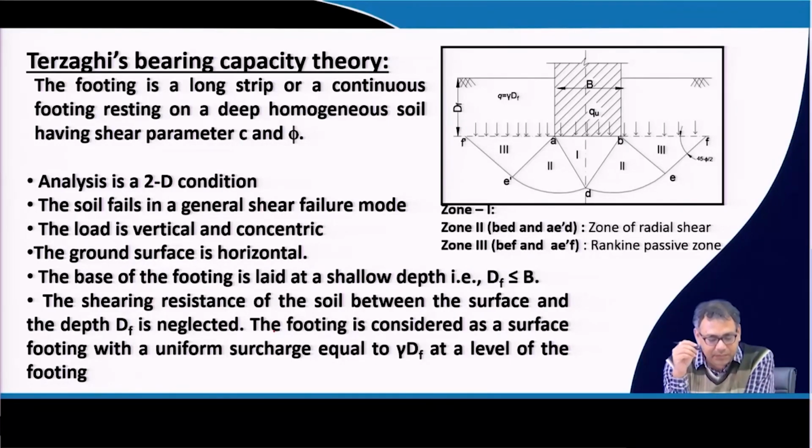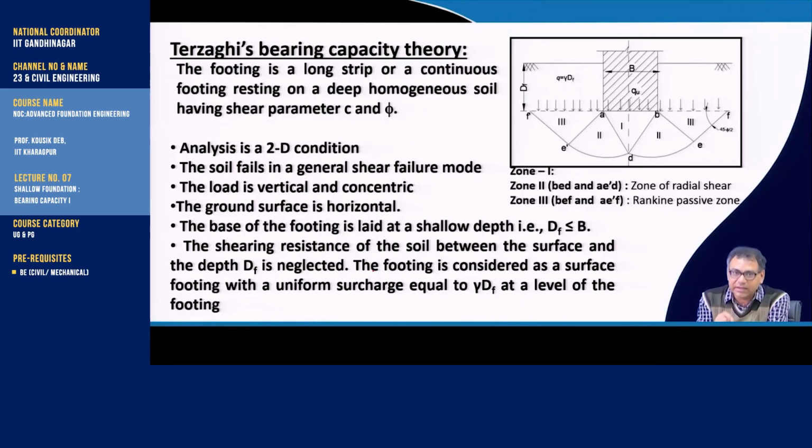Terzaghi's bearing capacity theory is basically valid for strip footing. It was originally developed for the general shear failure mode. The load is vertical, acting at the center of the footing, and the ground surface is perfectly horizontal.